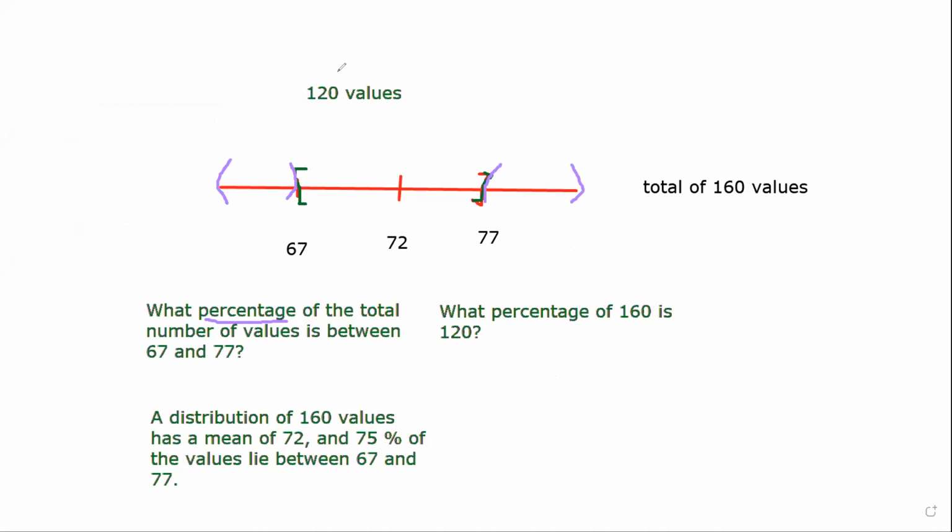So this here represents 2 standard deviations, because K of 2 is 75%. So 75% of the values lie between, so this distance here is 2 standard deviations is what we now know, right? Yes. K is 2, right?